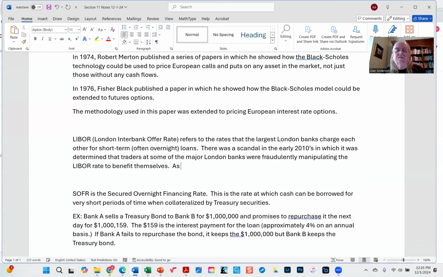As a result, newer rates were developed to be used as a substitute.